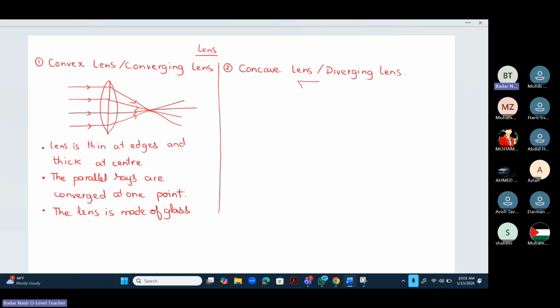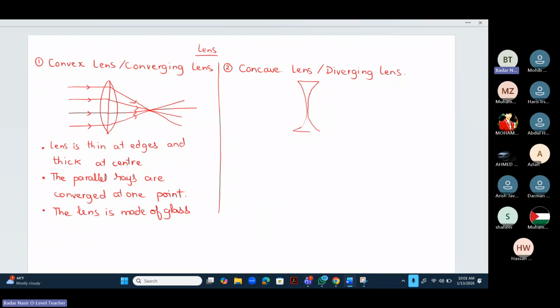So this is how it looks. So the lens is thick at the edges and thin at the center.